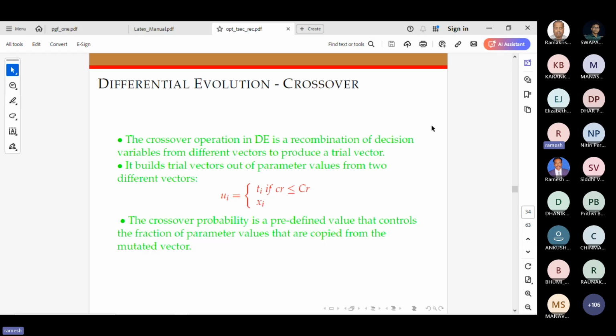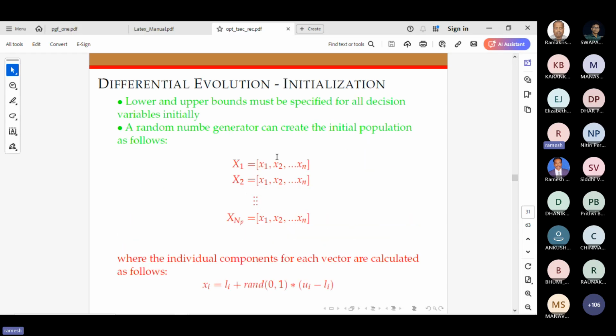Suppose you have randomly picked 3 vectors from here and you created a trial vector. So your xt is this. Now you have randomly picked another member of the population, and you compare these two.